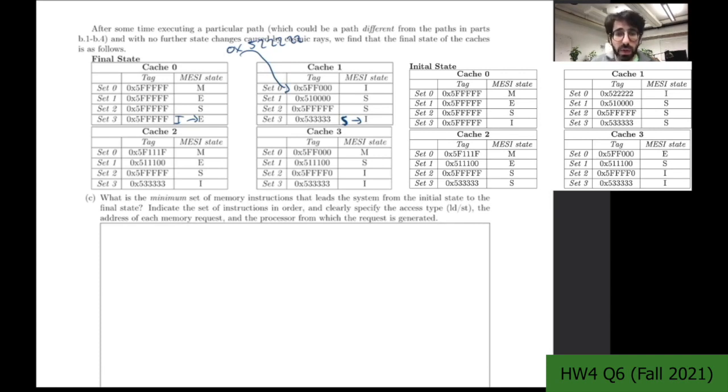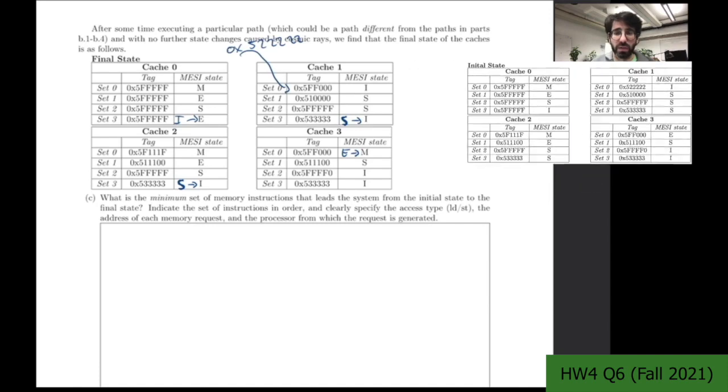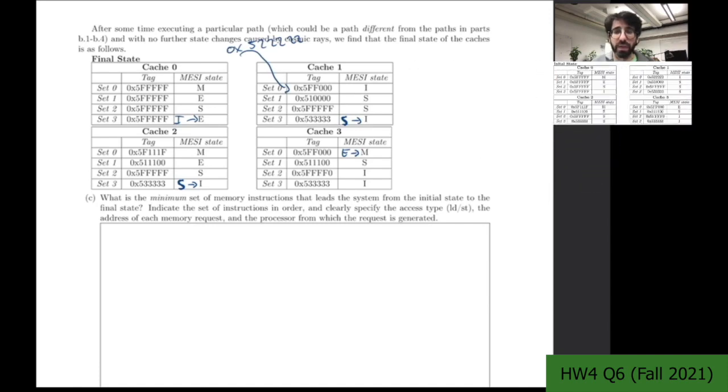In cache 2, previously we had a shared state in set 3, with the same tags and sets. In cache 3, previously we had an exclusive state in set 0. And I think that those are all the differences. So we have these differences, okay?